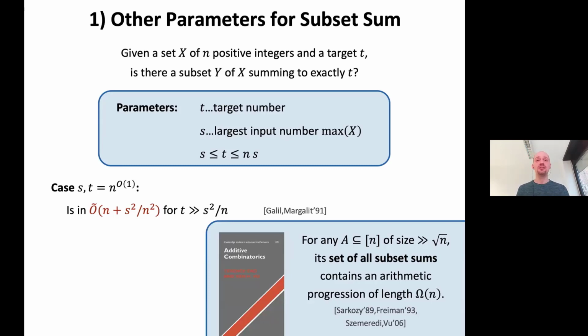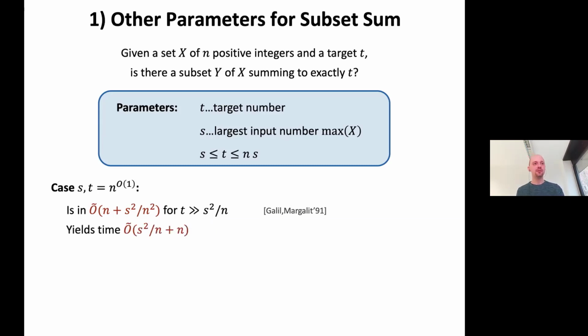Particularly, it was using that if you have a very dense set of the numbers between 1 and n, and you look at its set of all subset sums, then this contains a long arithmetic progression. Which, a priori, is a purely mathematical statement about dense sets and their set of subset sums, but it can be used algorithmically to show this kind of result.